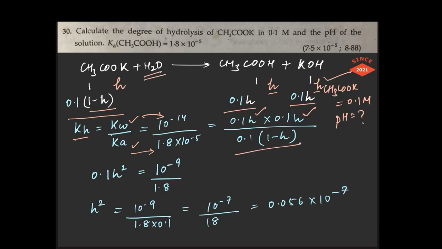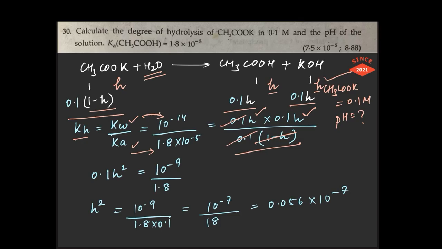The amount of water is constant. So putting the values, Kw by Ka is equal to 0.1h multiplied by 0.1h divided by 0.1 into 1 minus h, right? Now 1 minus h can be neglected in the denominator. 0.1 and 0.1 get cancelled.